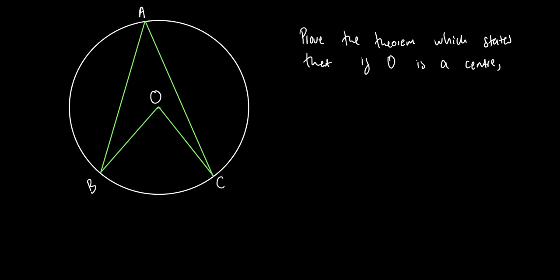So they say prove the theorem which says that if O is a center, then BOC is going to be twice angle A. This is what they want you to prove.